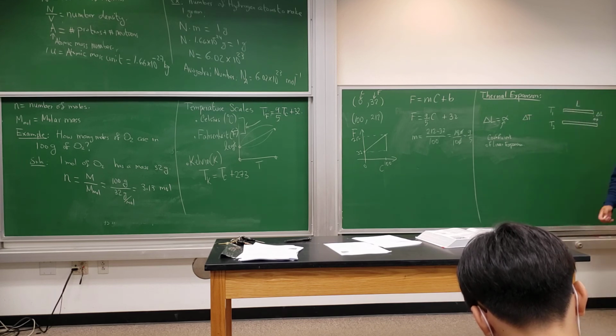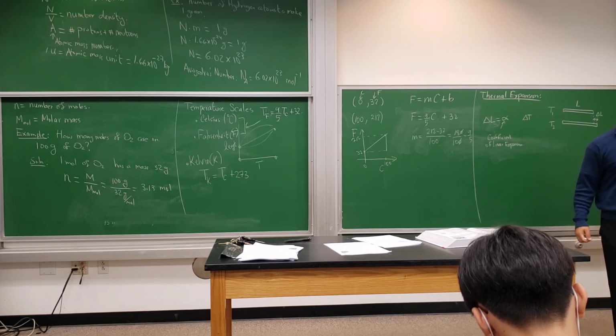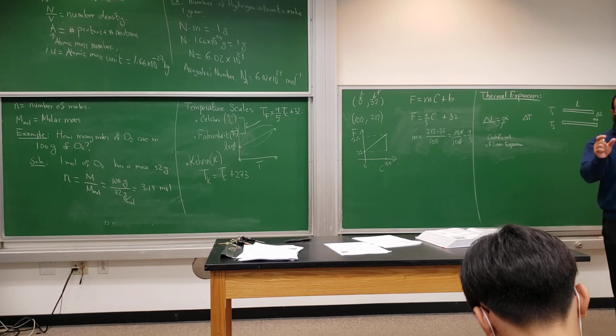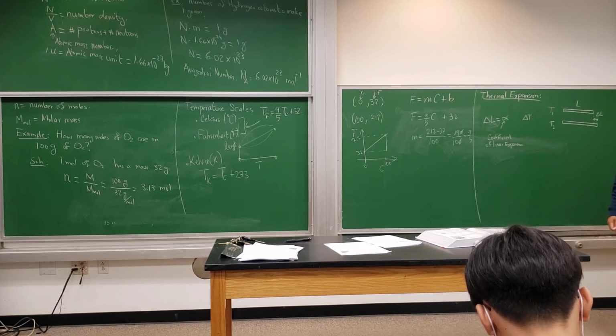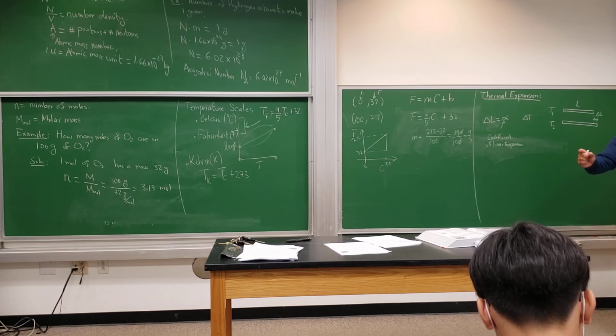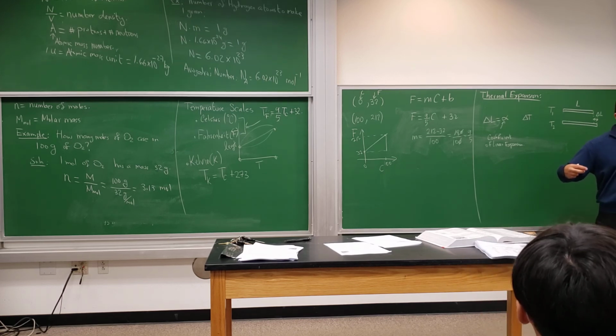And then if I heat a 1 meter rod versus a 10 meter rod, which one will expand by more? The longer one, the 10 meter. In fact, it will expand 10 times more. Because if 1 meter expands by 1 centimeter, and the next meter expands also by 1 centimeter, and the next meter expands by 1 centimeter, and so on.